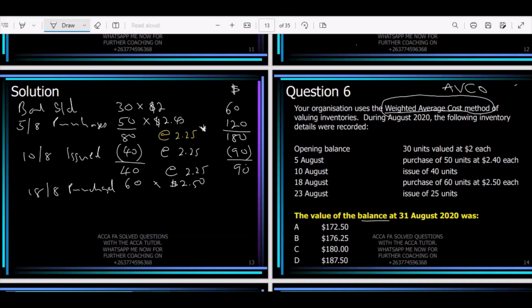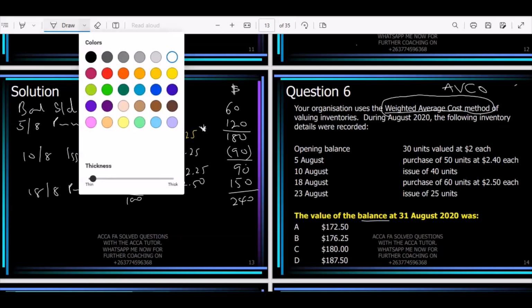Let me use my calculator here. 150. That's the total. So how many units do I have in inventory right now? I'm having 100 units, and the total is 90 plus 150, that's 240. So these 100 units are costing $240.